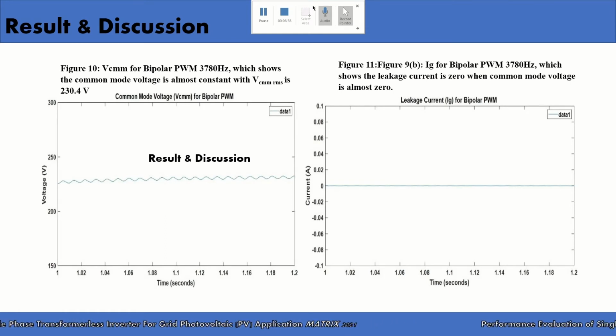This confirmed the analysis done by a previous research paper, which states that the common mode voltage is constant due to the modification of the modulation strategy. The leakage current is reduced or eliminated, further validated by the common mode voltage and leakage current waveforms from the simulation for both bipolar and unipolar, as shown in figure 10 and figure 11 here.